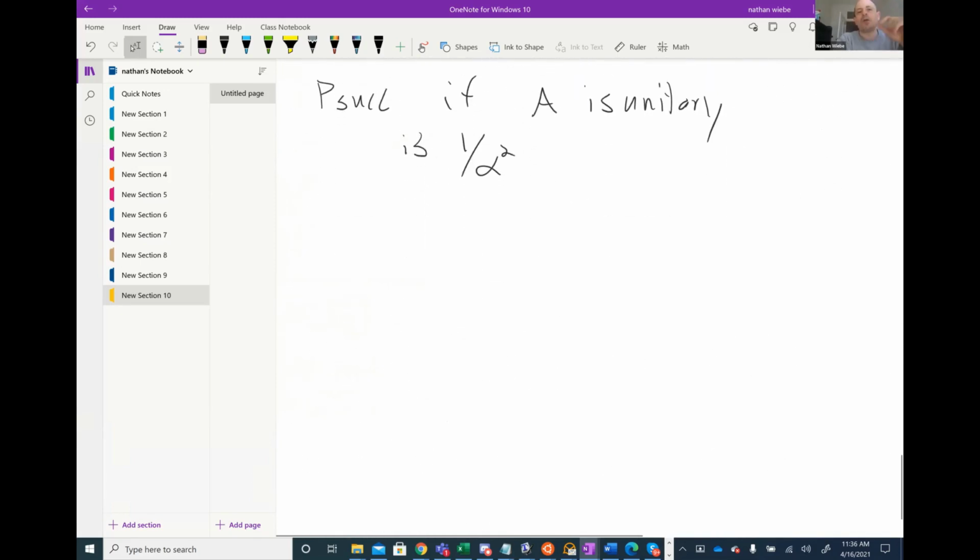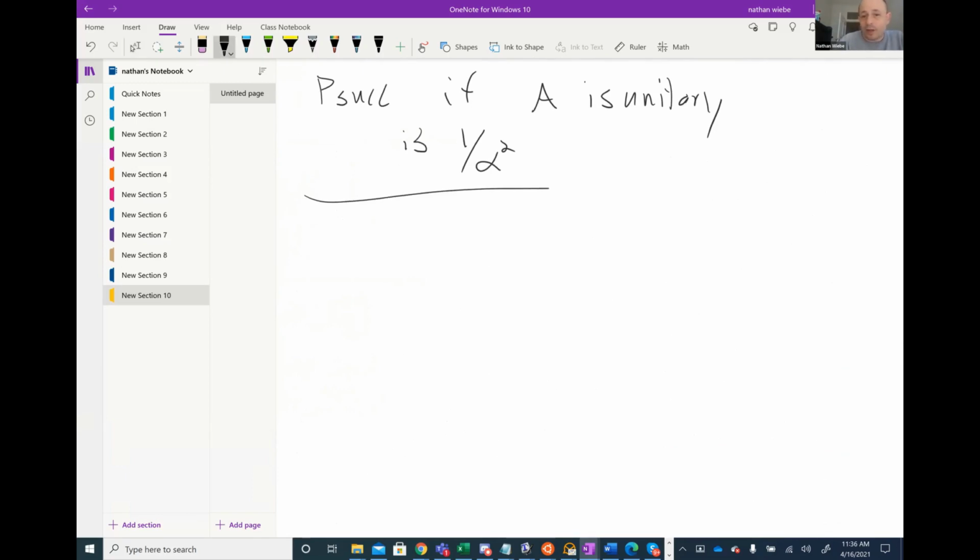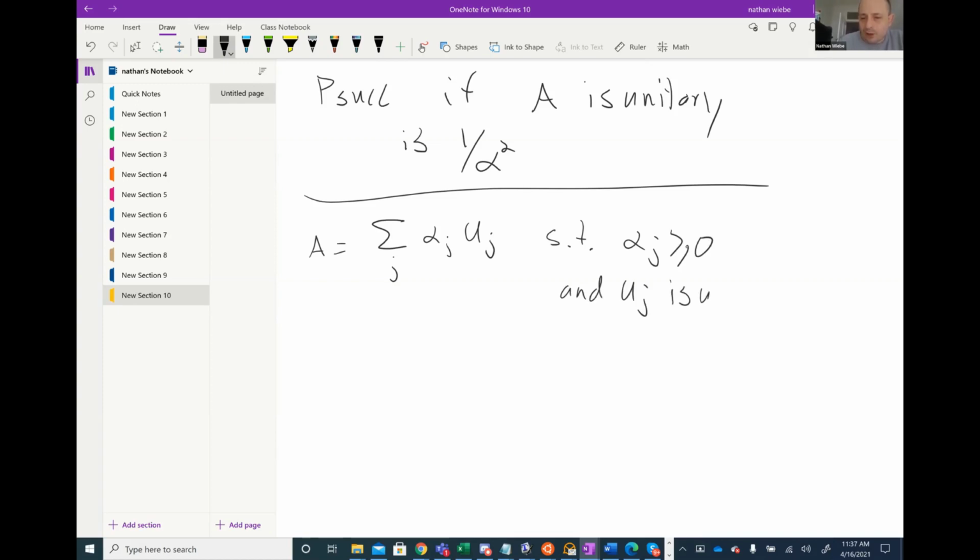Okay, cool. So let me talk now about the general case, where we want to add a bunch of stuff together. So let's take the case where A is equal to the sum over j of alpha sub j, u sub j, such that alpha sub j is greater than or equal to 0, and u_j is unitary.